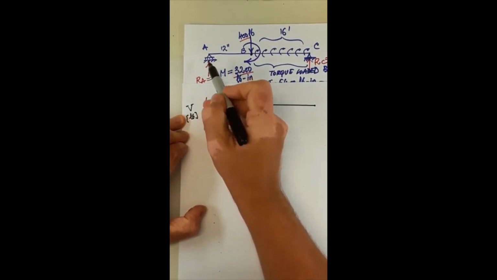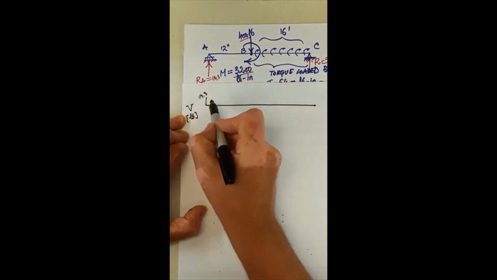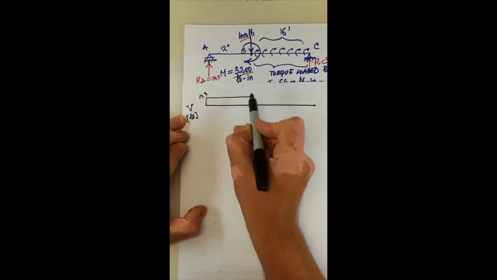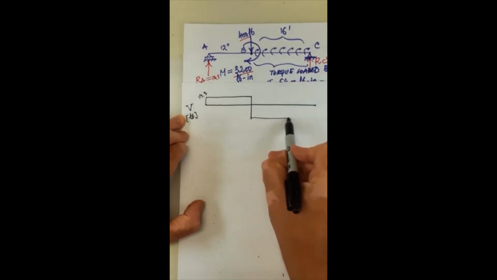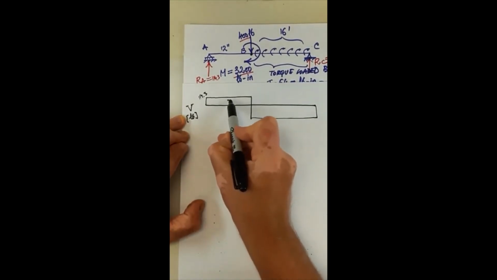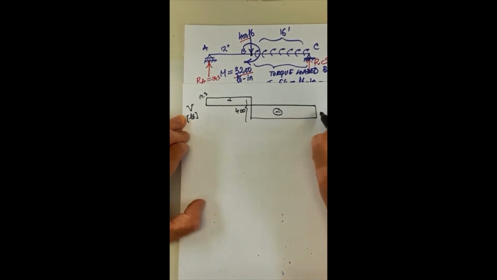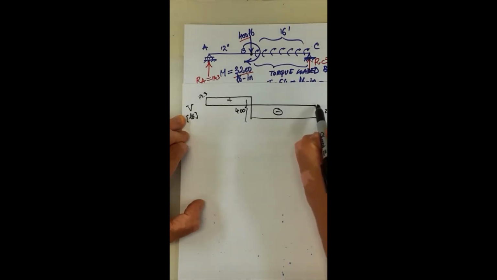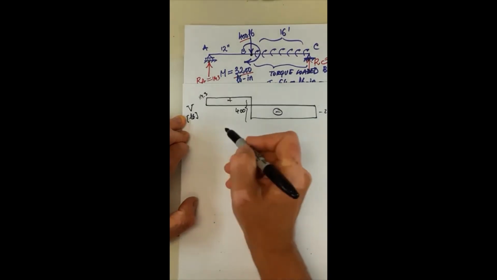Again positive is up, so I have 114.3 and it stays the same, and then I have a drop by 400, and then it goes negative. This is 400, and this is going to be negative 285.7 immediately right after. As we move to the right, it drops to 0 by adding this positive value. Okay, so that's the V diagram.